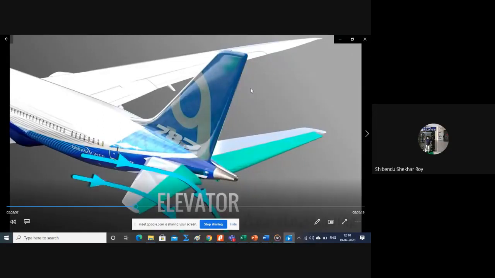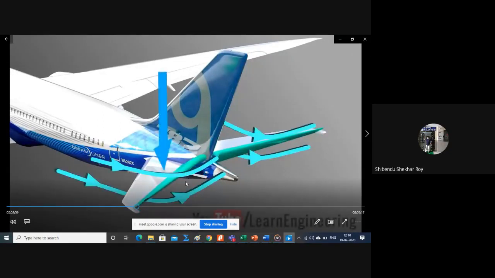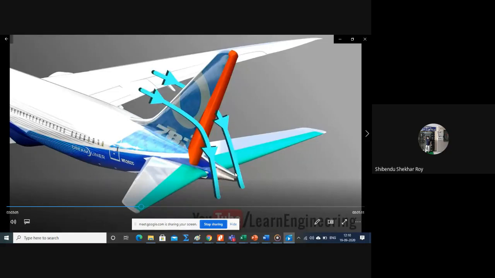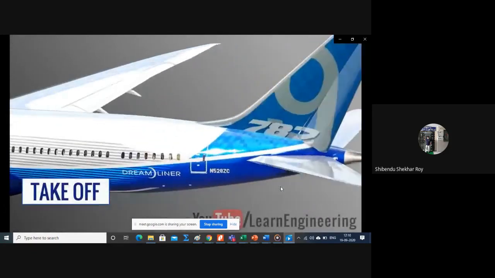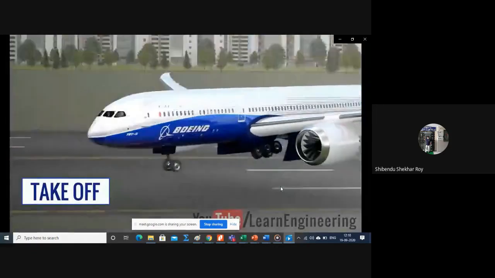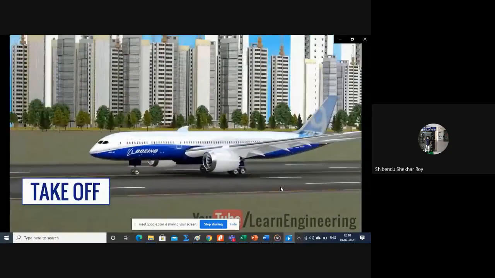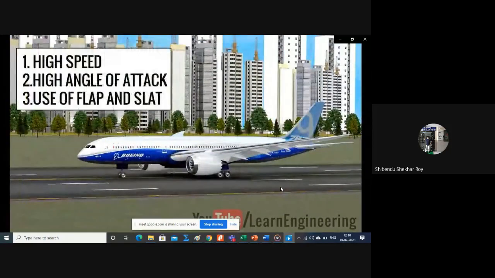Here is the rudder and elevator. Again there is a motion, and it is controlled from the cockpit. This motion analysis is the domain of theory of machines.